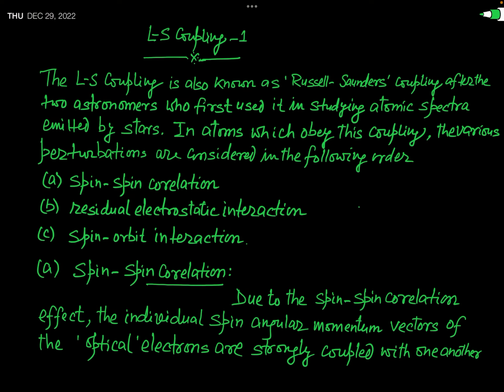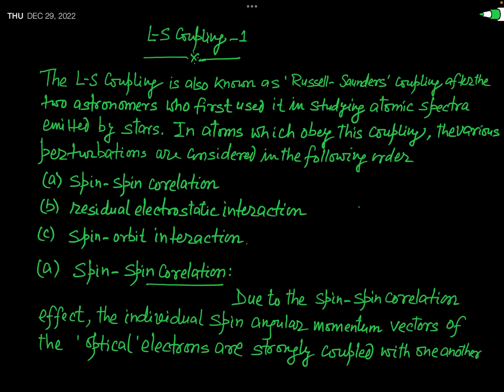That is the coupling of two angular momenta, that is the orbital angular momentum L and the spin angular momentum S. Actually, when these two angular momenta are added together, we get the total angular momentum of the atom. So in this chapter, first of all, we will see the concept of LS and JJ coupling, and then we will learn how to write the notation for the different spectroscopic terms.